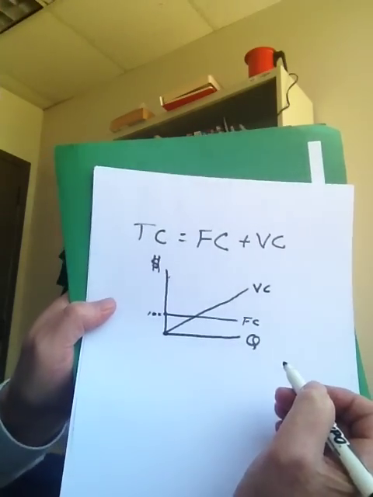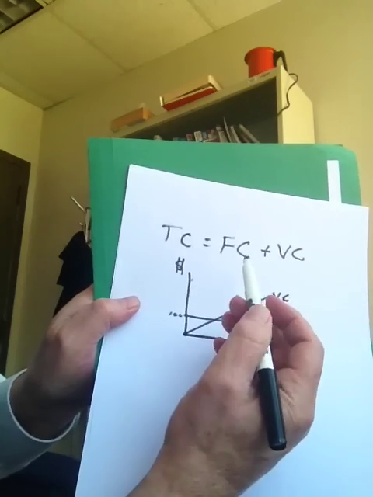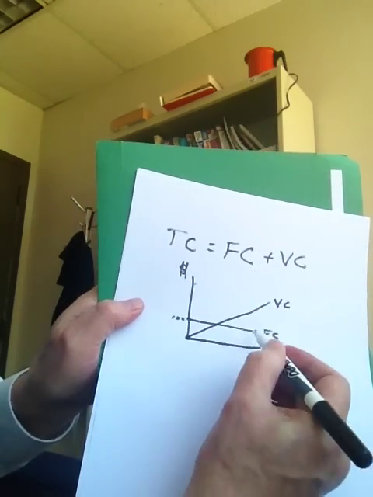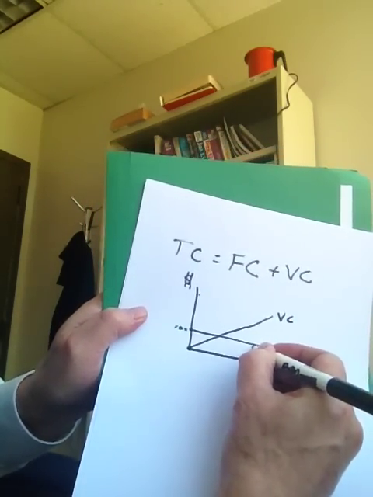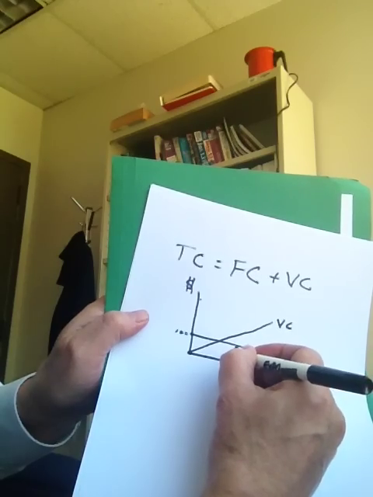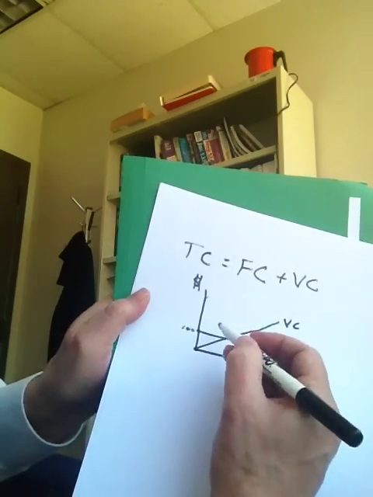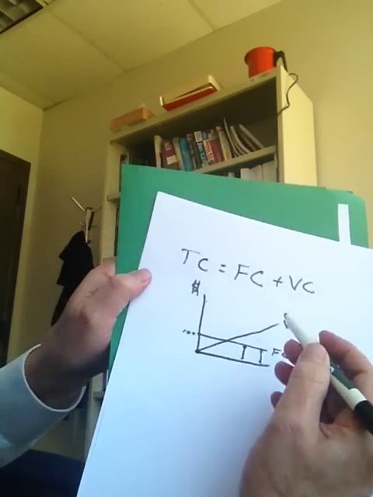Now, if we want to see what total cost looks like, notice that total cost will be the sum of fixed costs and variable costs. So we're going to want to add this distance right there, that distance, onto our variable cost curve at every level of output.